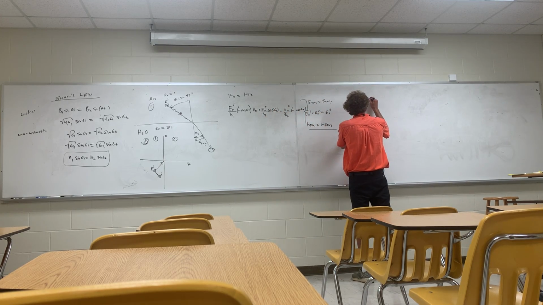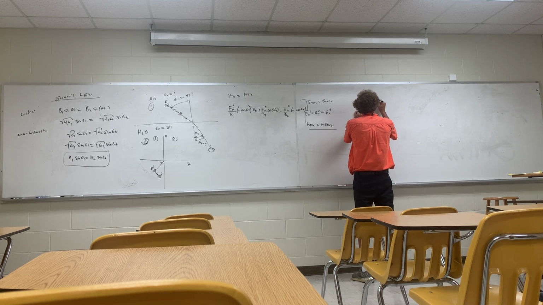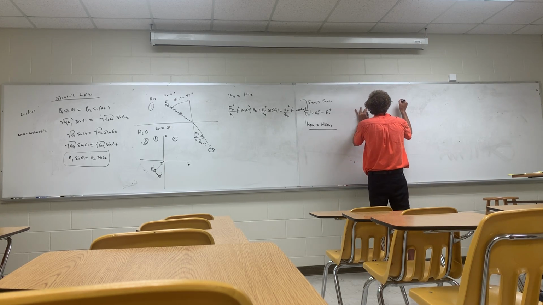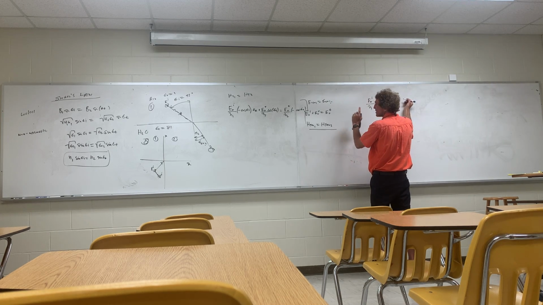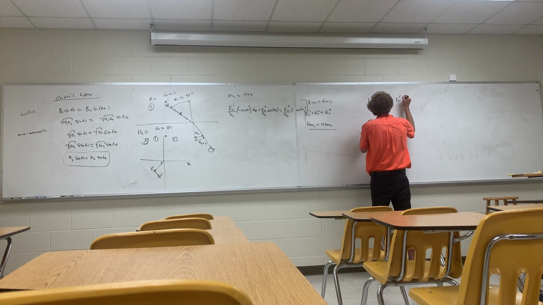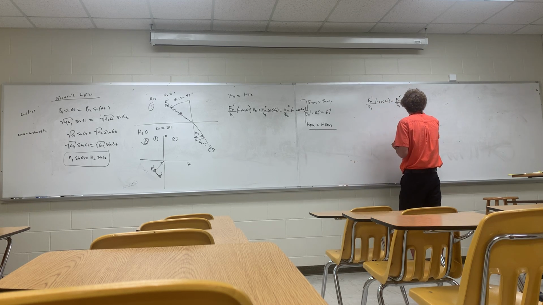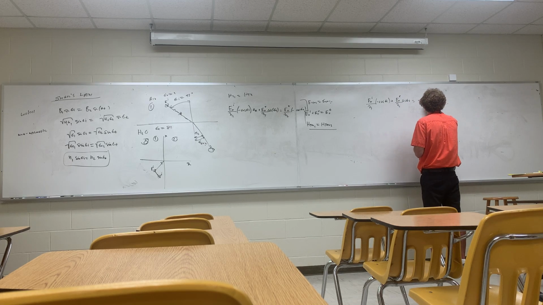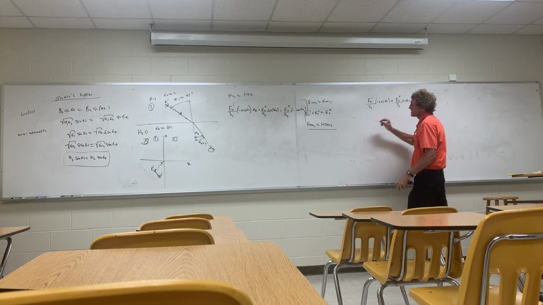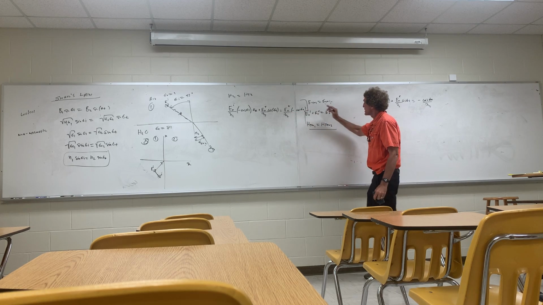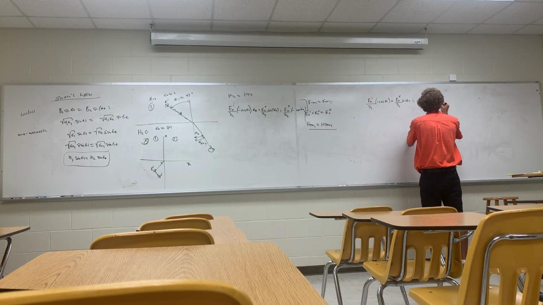So now I have E naught incident over eta 1 times minus cosine of theta incident, plus E naught reflected over eta 1 times cosine of theta incident, is equal to minus cosine of theta transmitted over eta 2, but now instead of putting down E naught transmitted, I'm going to replace it with E incident and E reflected.